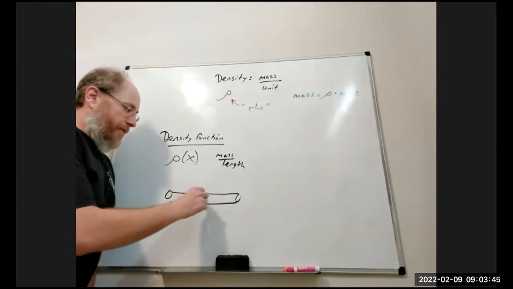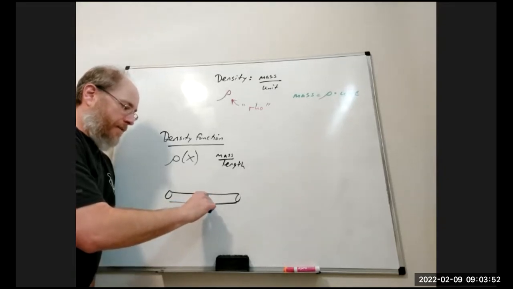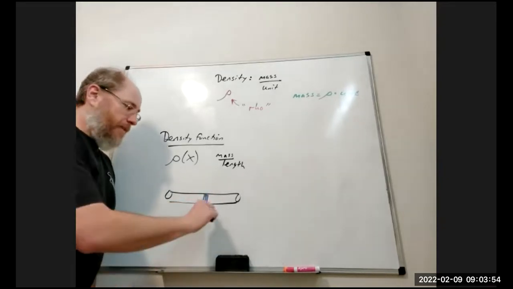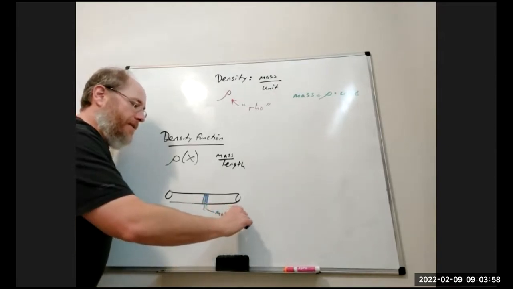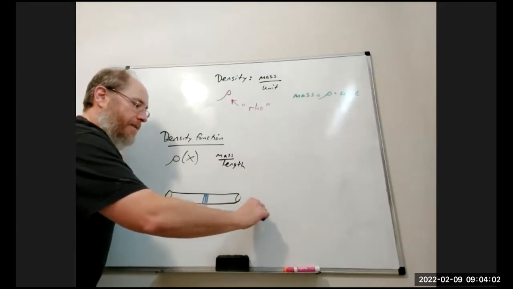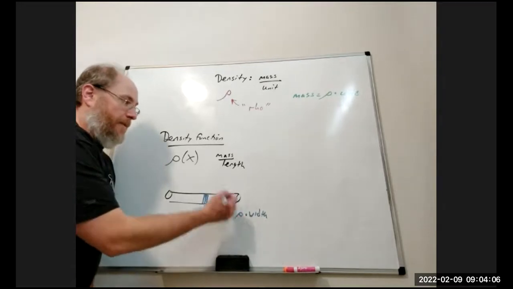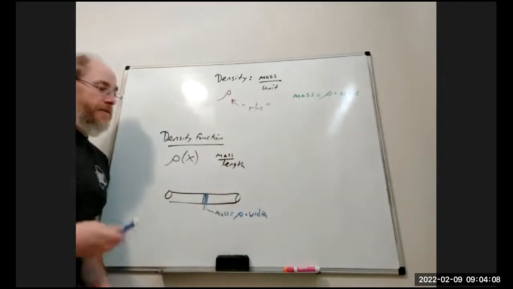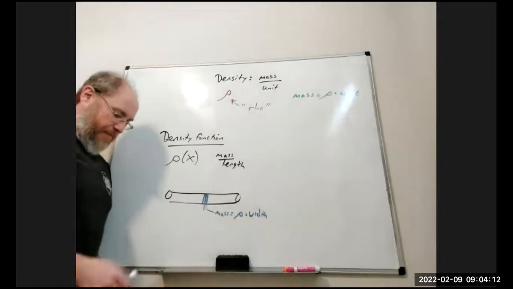And I decided I wanted to find the mass of just one little piece of it. The mass of this is going to be its density times its width. Right? Because it's density times length. So its mass would be its density times its width.